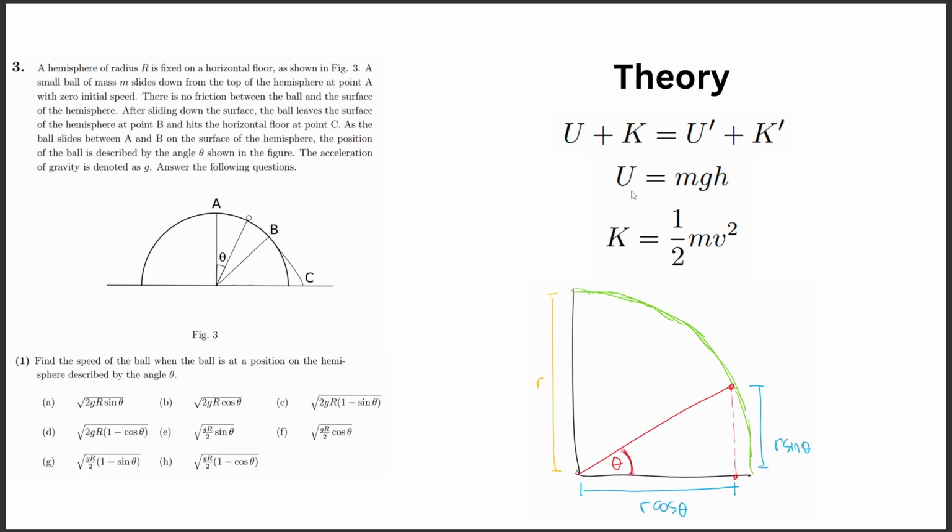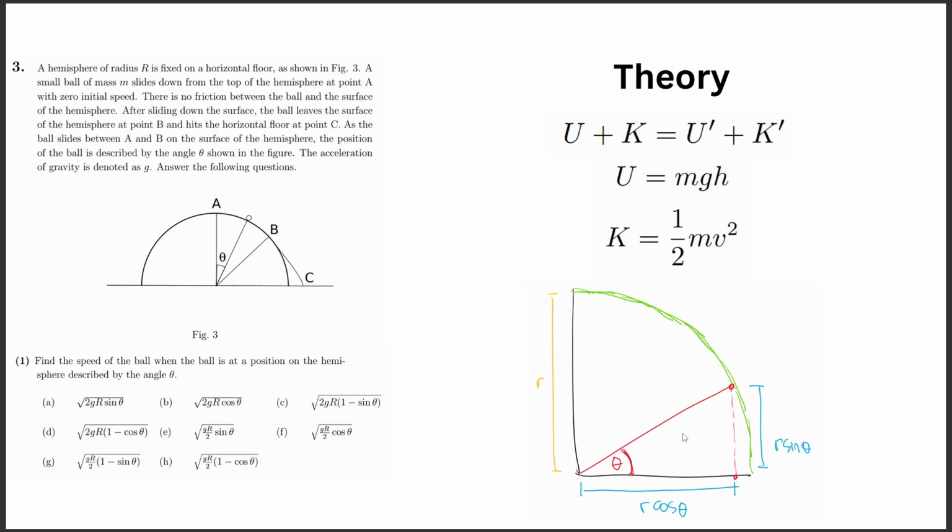The potential energy is equal to the mass times gravity times height, and the kinetic energy is a half times m, the mass, times velocity squared. And another thing you should know is that when there is a circle and a line, this red line, that moves around the circle, its tip is always on the circle, and it moves to the angle theta.